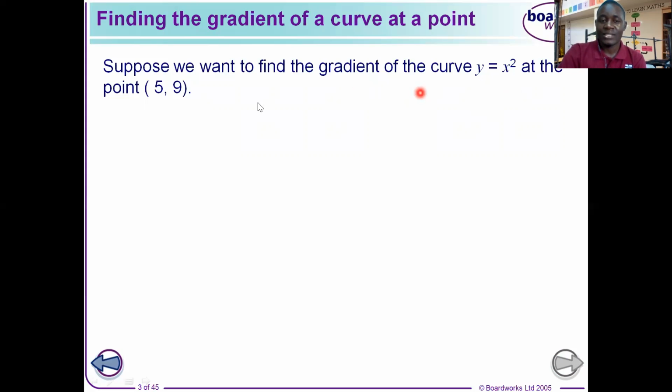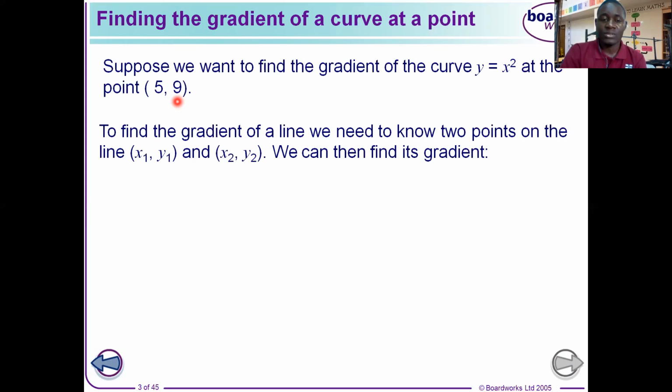And then the tangent will be drawn at the point where x is 5. So even if we are asked to find the gradient of the curve at this particular point, we'll be interested in drawing the tangent to the curve where x is 5. The y will be of no interest to us as long as it is the gradient we are only trying to look for. So let's see what this looks like.